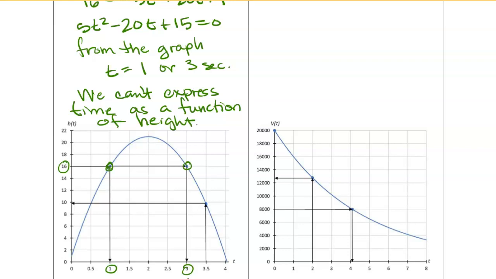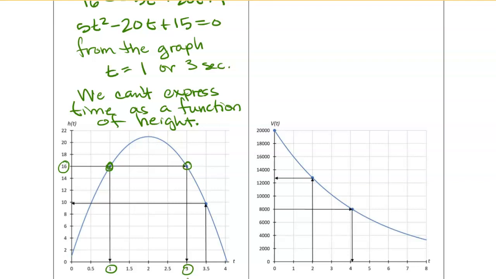All right, so that's the point. So we have a function that doesn't go both ways. We have a function for height in terms of time, but we could not express time as a function of height.